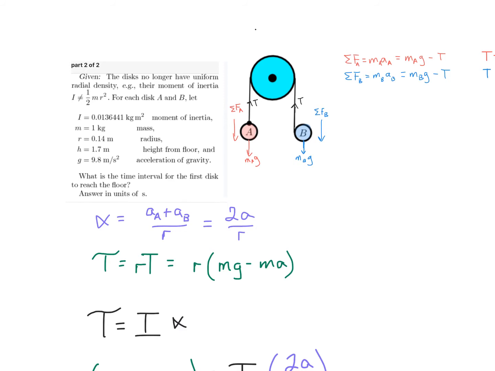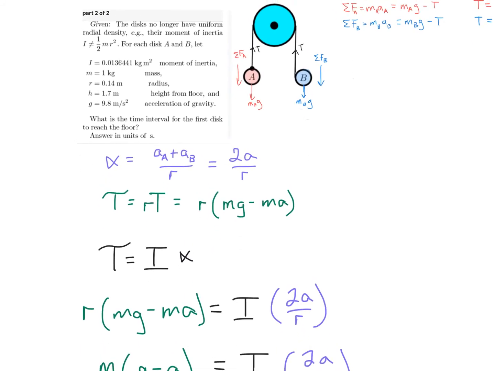Our equation will give us R multiplied by mg minus ma. So we're going to feed both of those equations into the torque equation, pulled directly from your equation sheet. So torque equals I alpha. We know what torque is. We know what alpha is. Now we're just going to substitute in.